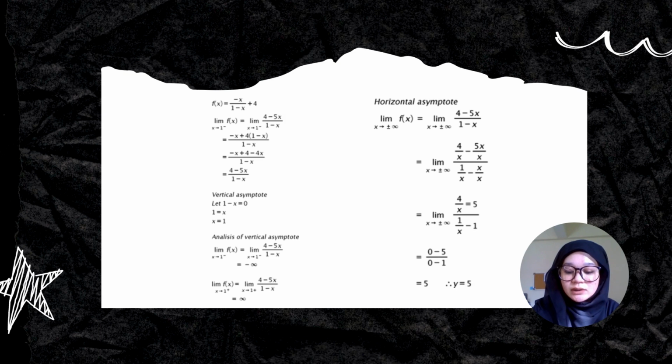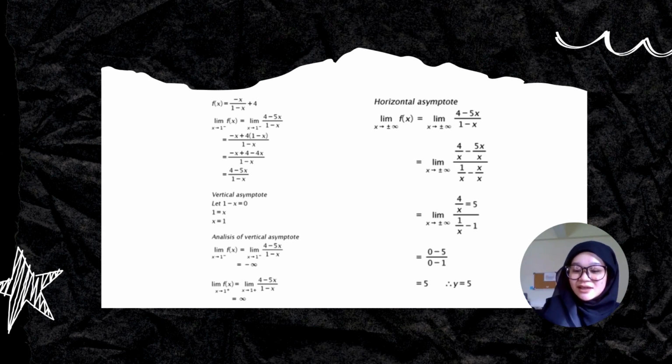We need to find the vertical asymptote by letting 1 minus x equal to 0, then x equals 1. Then find the behavior by approaching the value. For the horizontal asymptote, we divide by the highest degree of x in the denominator.